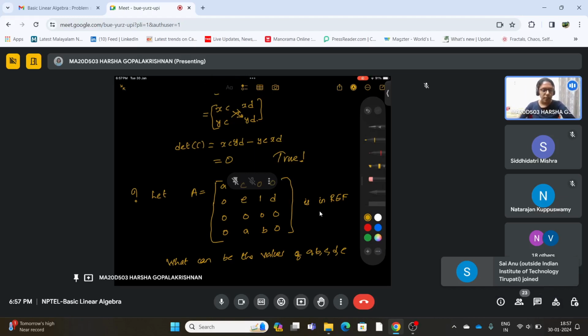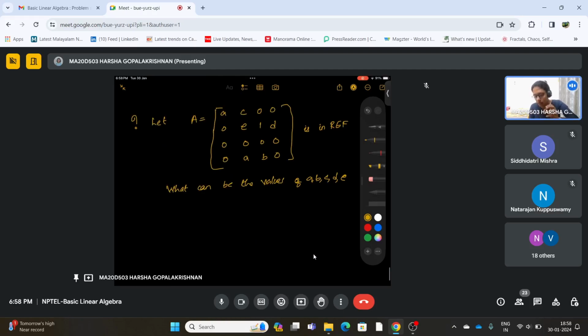Okay, and it is given that it is in row echelon form. So the question is, what can be the values of a, b, c, d and e? I don't want you to tell the exact value, like 5 or 10. I just want to know whether it is 0 or non-zero, that is enough. I can read the matrix for you: a, c, 0, 0, 0, e, 1, d, 0, 0, 0, 0, 0, a, b, 0. So this is the matrix. It is in row echelon form.